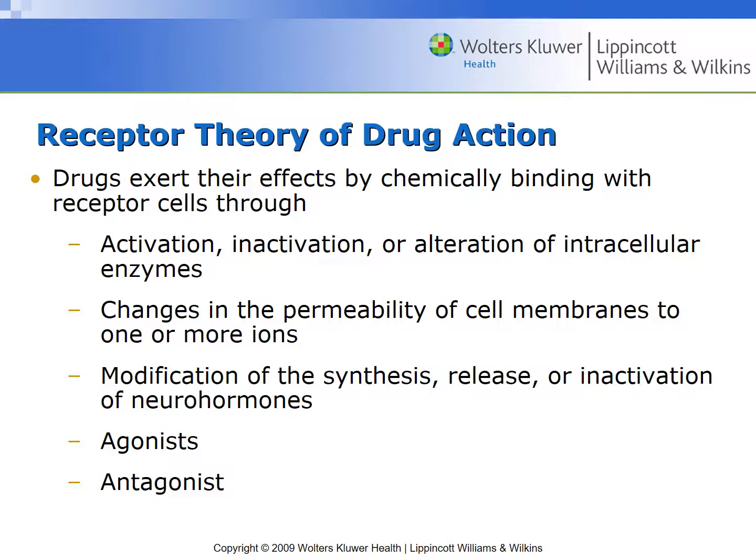Agonists are drugs that produce effects similar to those produced by naturally occurring hormones, neurotransmitters, or other substances. You may see some drug classifications saying that this particular drug is an agonist. When you hear that, it means it is acting similar to what is already in the body.